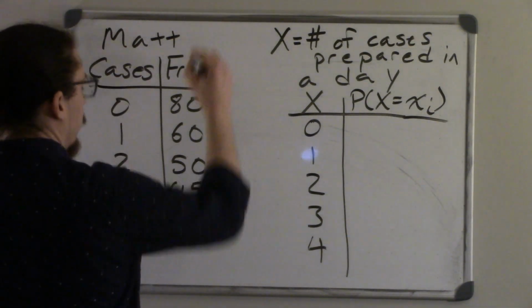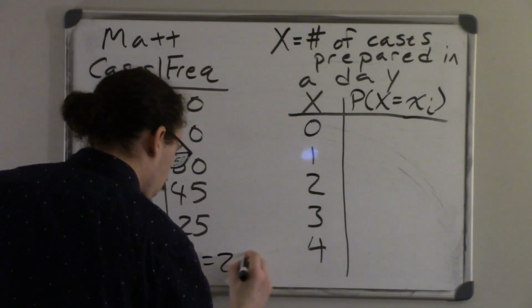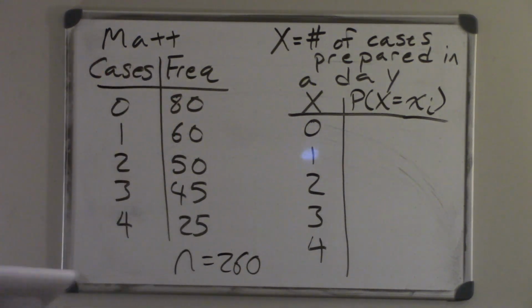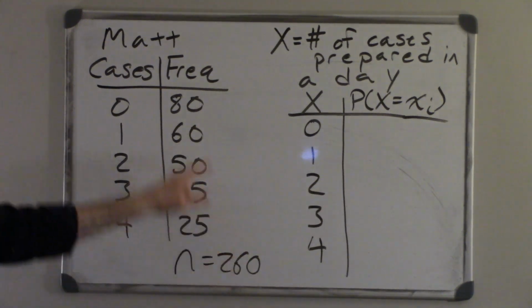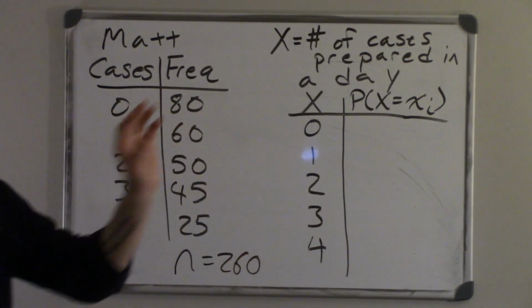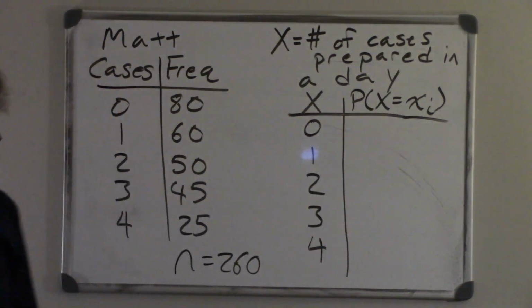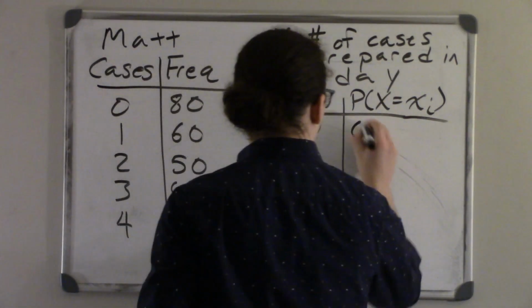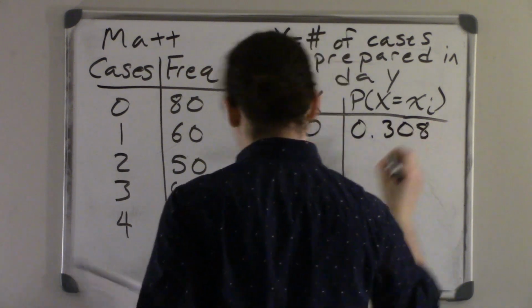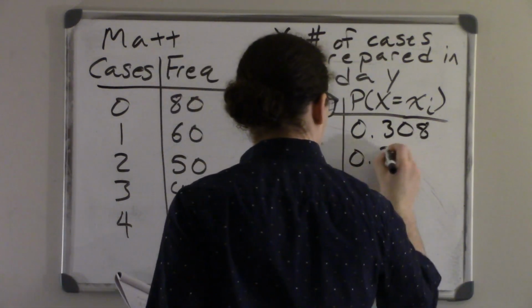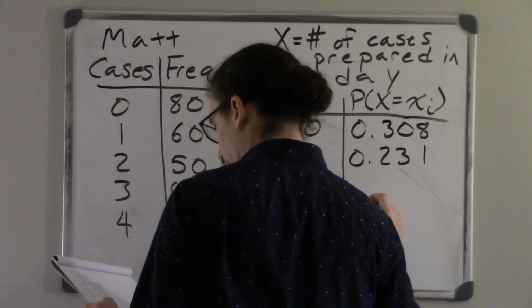Now, the total number of days, or n, is 260. So to find these probabilities, we would just take 80 divided by 260 for the probability of x equals 0, and so on and so forth. We're not going to sit here and actually do those, but I'm just going to write down the probabilities.